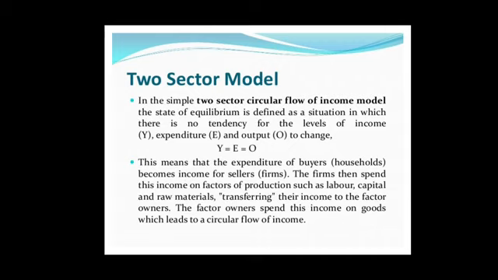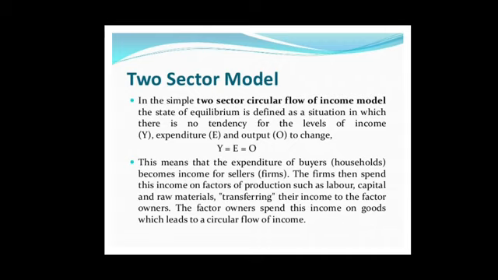Students, household sector is the supplier of factors of production, as they are the owners of those factors, and they are the demanders of goods and services being produced by the producing sector.